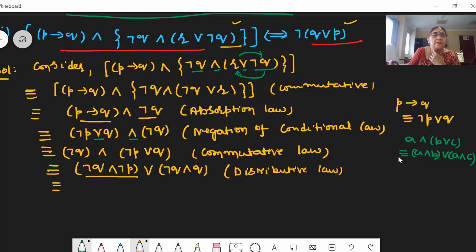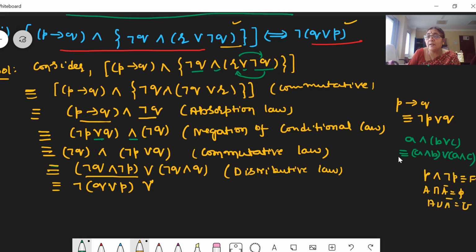In the next step, from De Morgan's law, this can be written as ¬(Q ∨ P) ∨ (Q ∧ ¬Q). From the inverse law, a proposition conjoined with its negation is F naught. You already know that in set theory, A intersection A complement is empty, and A union A complement is the universal set. In this case, empty is F naught and universal is T naught.